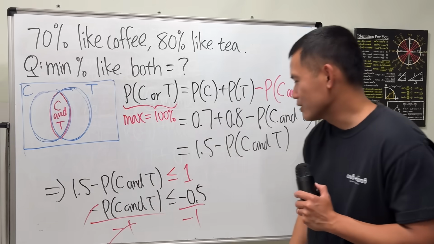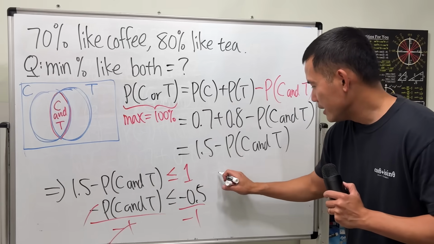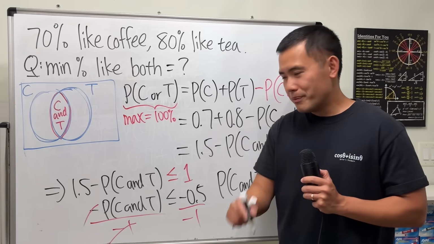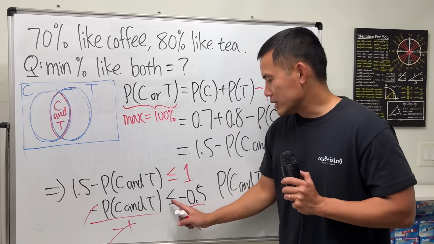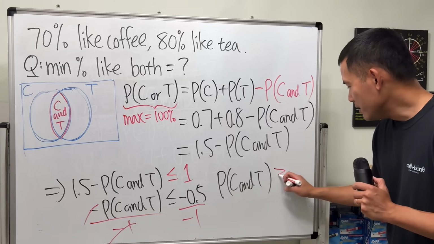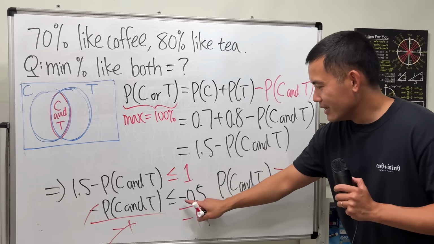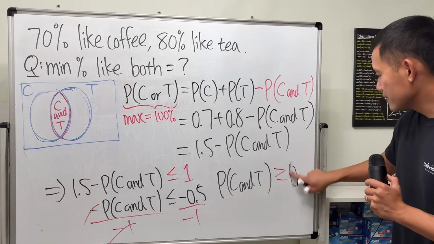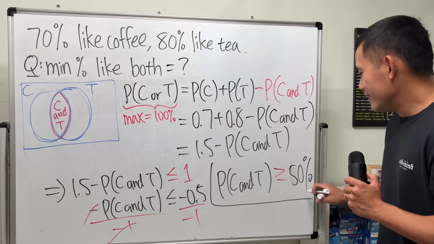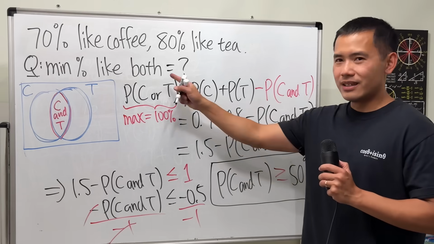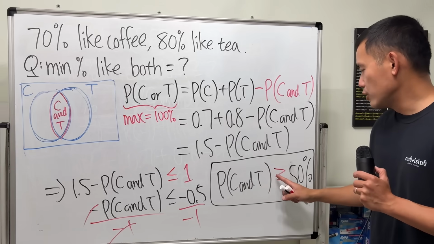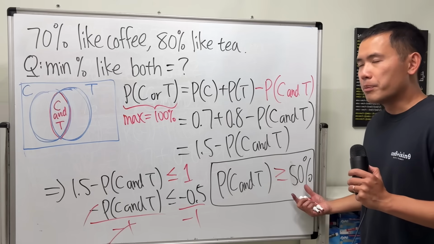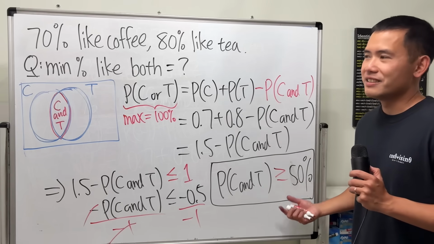So yeah, we can cancel this, and then we can see that the percentage of C and T, remember, whenever we divide both sides by a negative, we switch the inequality so it becomes greater than or equal to. This over that becomes positive 0.5, which is 50%. Have a look. This is exactly what we are trying to answer. Because this is always going to be greater than or equal to 50%, that means the minimum percentage who like both is 50%. That's the answer.